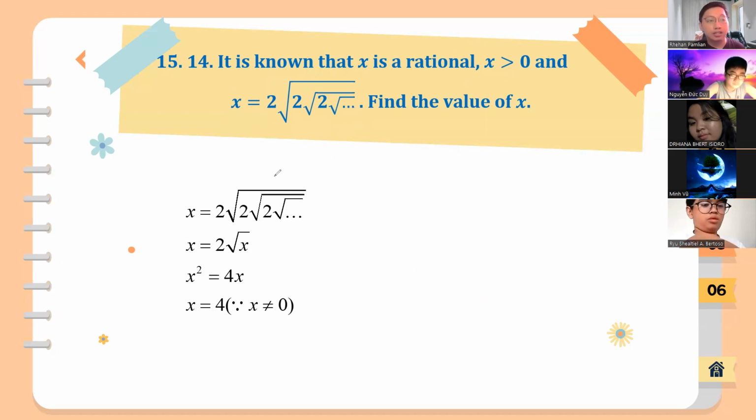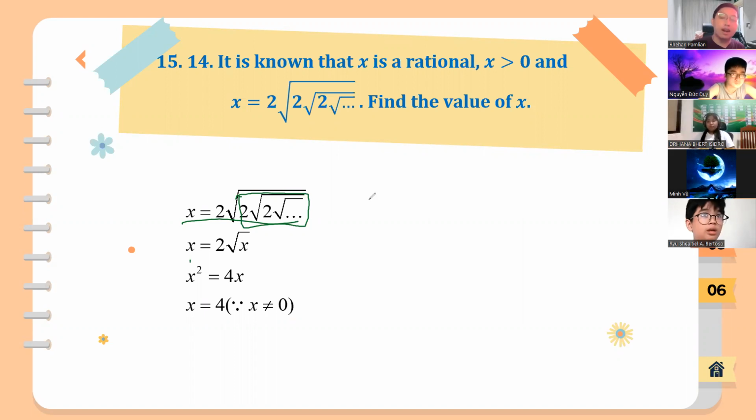In this case, you would know that the inner part of the square root, we call that the radicand, right? The radicand is basically your x also. You would see that it's still the same thing.